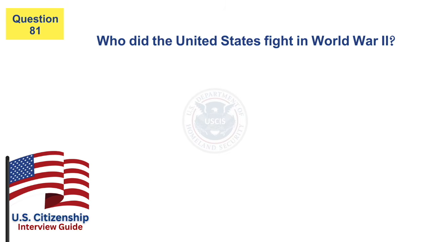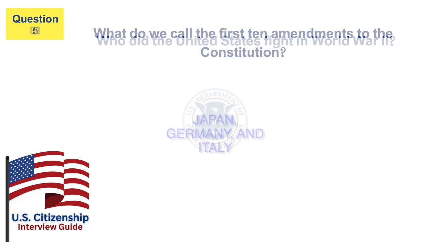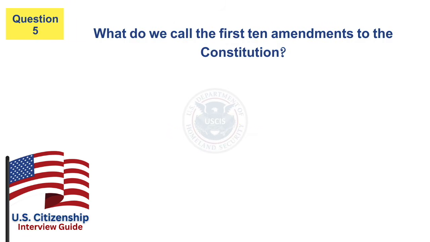Who did the United States fight in World War II? Japan, Germany, and Italy. What do we call the first 10 amendments to the Constitution?